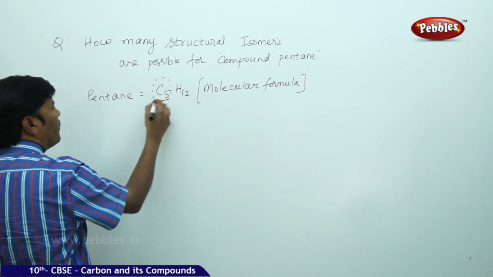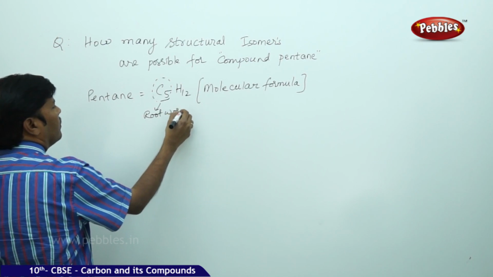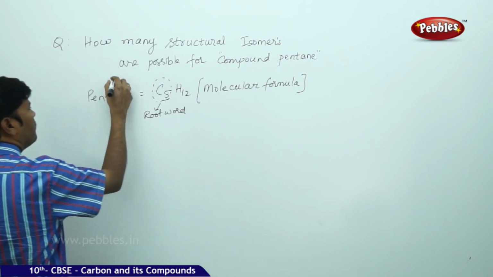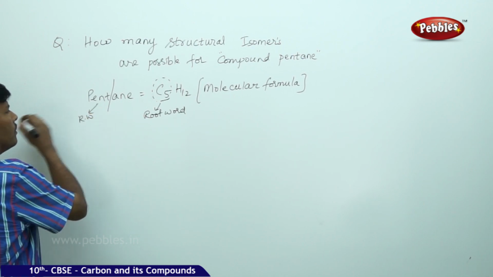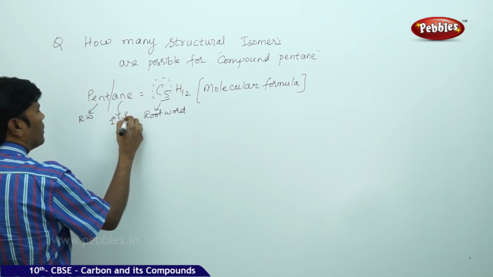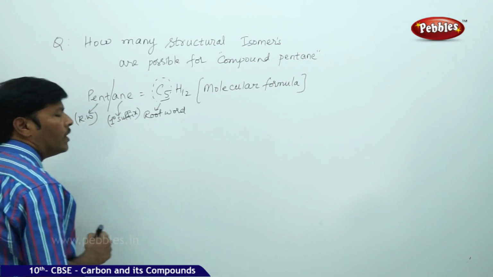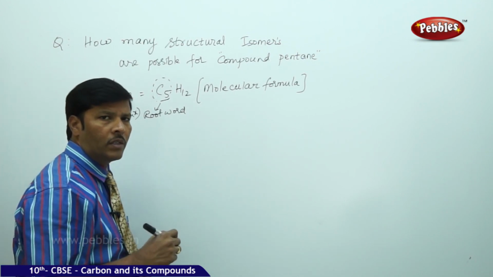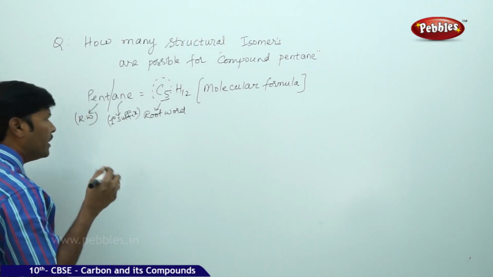The number of carbons is 5. Root word: pent is the root word and ane is the primary suffix. So the number of possible structural isomers in the case of pentane is, I think, 3.